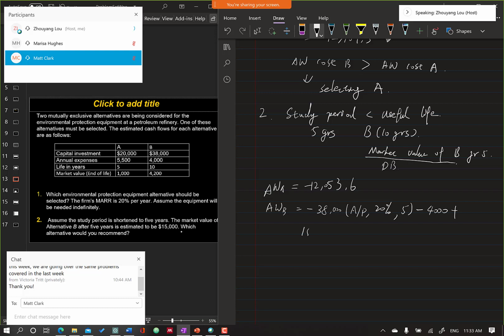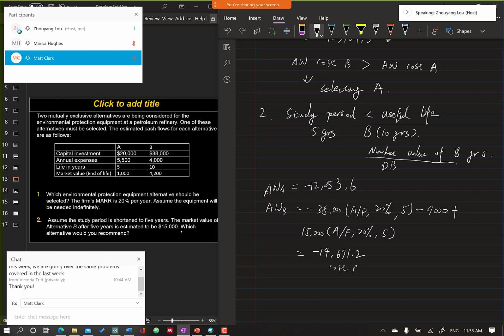That would be 15,000, and convert that to the annual worth. So find the annuity given the future worth at year 5, 20%, and we got minus 14,691.2.